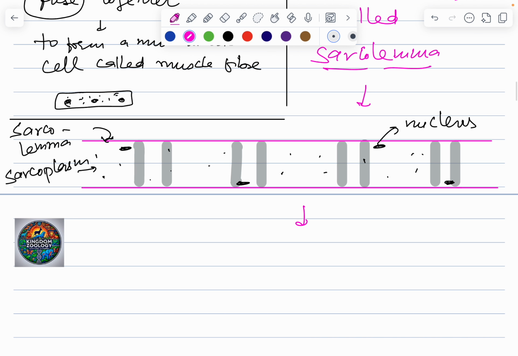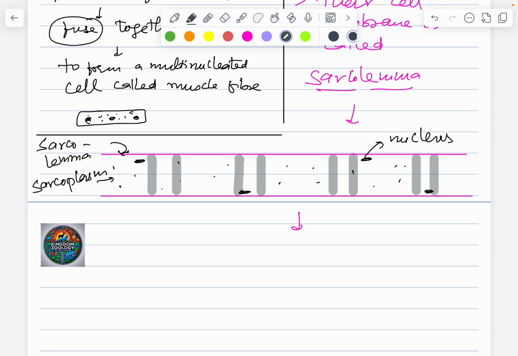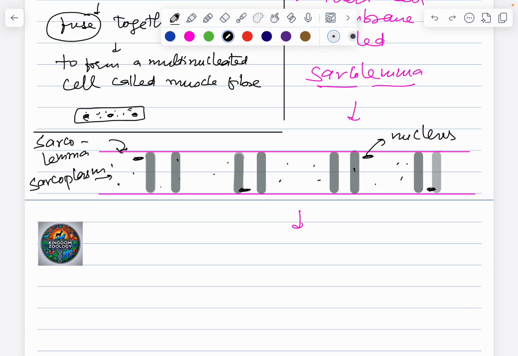So it's these stripes or the dark lines with some light areas also between them. This kind of appearance is the reason why these muscle fibers are called striated muscles. Now you might be thinking, what exactly is the reason behind these? That's what we are going to cover in this lecture. So on the surface of the striated muscle, I can notice that there are alternate dark and light stripes.